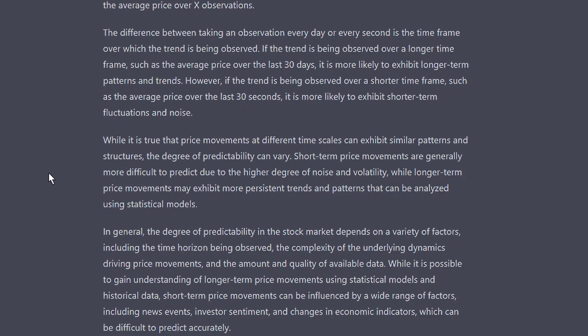While it is true that price movements at different timescales can exhibit similar patterns and structures, the degree of predictability can vary. Short-term price movements are generally more difficult to predict due to the higher degree of noise and volatility, while longer-term price movements may exhibit more persistent trends and patterns that can be analyzed using statistical models.